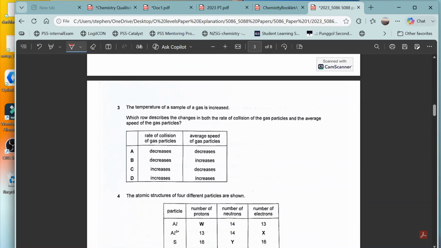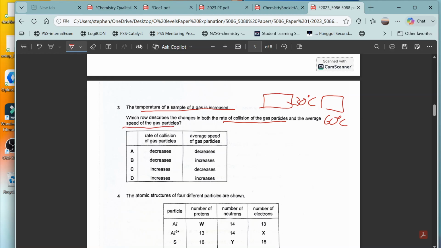Question number 3, a temperature of a sample of gas is increased. What does that mean? Originally let's say you have a container of gas at 30 degrees Celsius, then you increase it to say 60 degrees Celsius. It doesn't matter what temperature. Which row describes the changes in both the rate of collision and average speed?